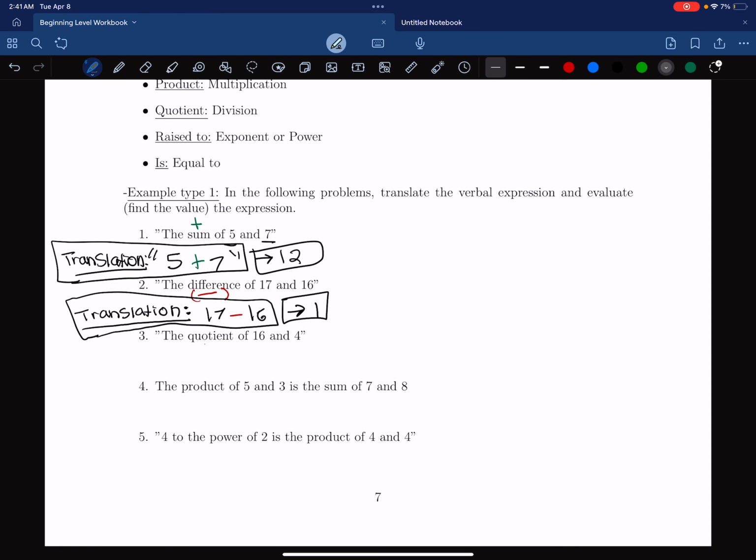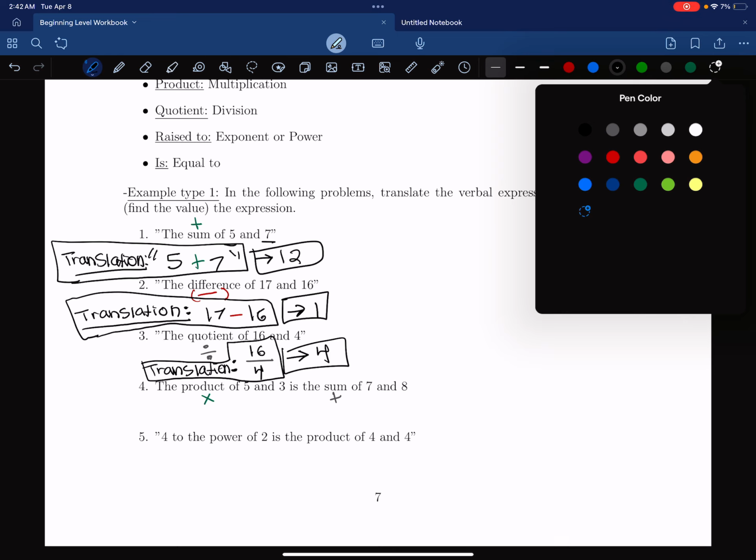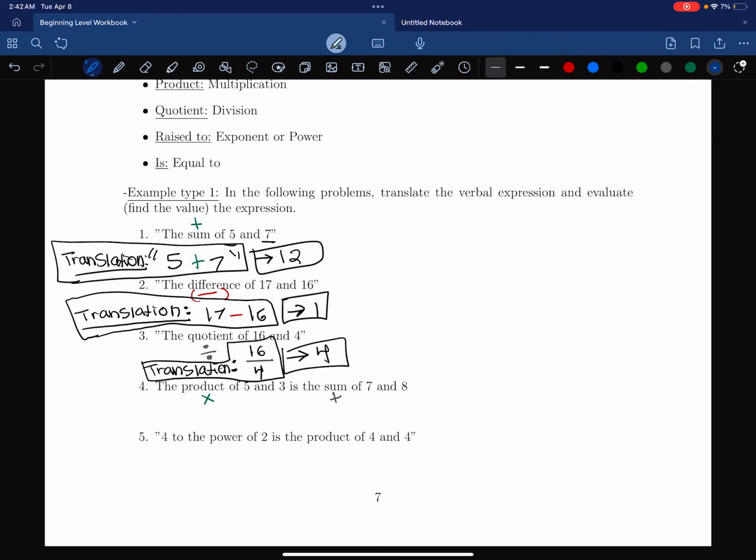So I'm going to do green because I like green. And then the sum. Let's do this gray here. So we have the product of 5 and 3. And then we also have is. So let's do this dark blue instead. This is means equals.